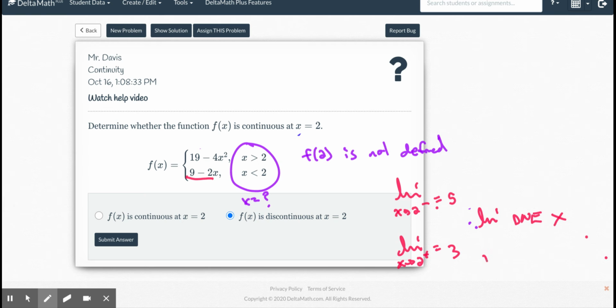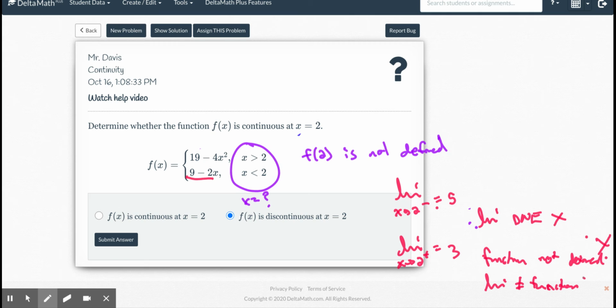The function is not defined, so it fails that one. And obviously they're not equal. The limit does not equal the function. So sometimes you'll see on the AP test where it'll be like 1 is true, 1 and 2 are true, 1, 2, and 3 are true.